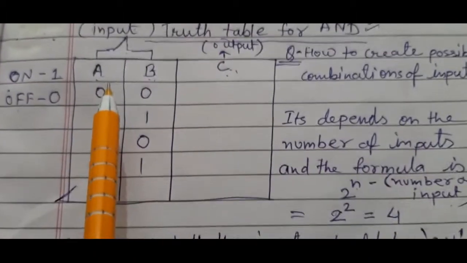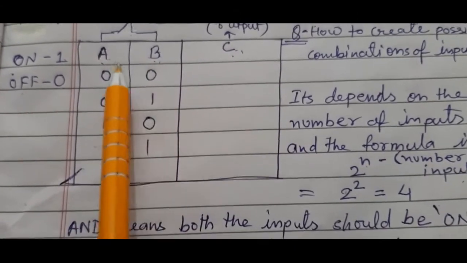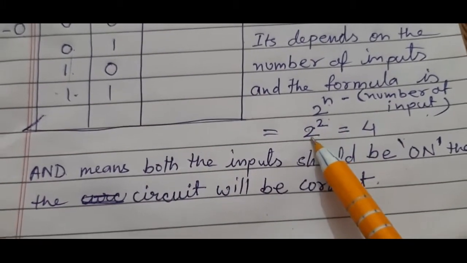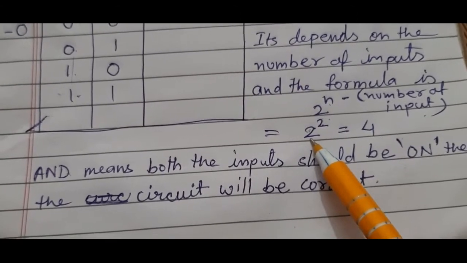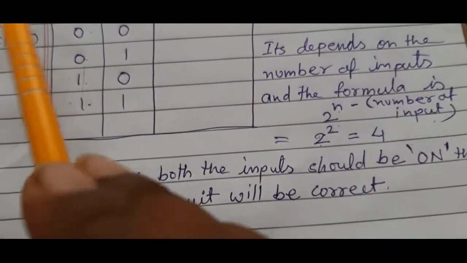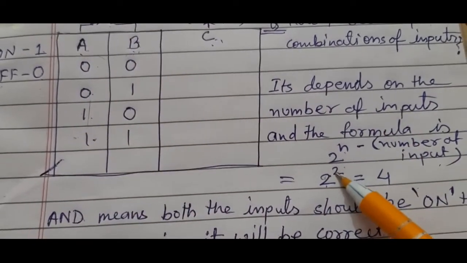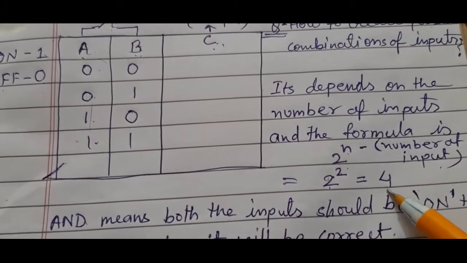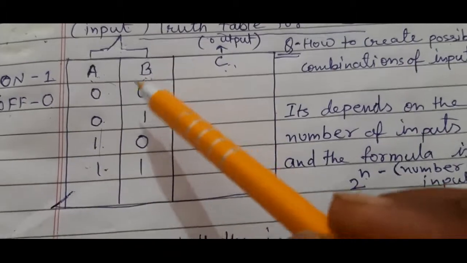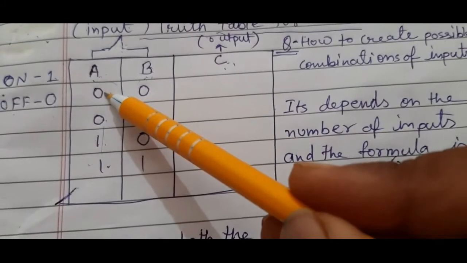In this chart you can see we are using two inputs, A and B only. So here it is 2 to the power 2. The 2 is the base of binary inputs, the 2 digits 0 and 1, and there are 2 inputs. So 2 to the power 2 is equal to 4, means when we are inputting 2 inputs, our possible combinations will surely be 1, 2, 3, 4.